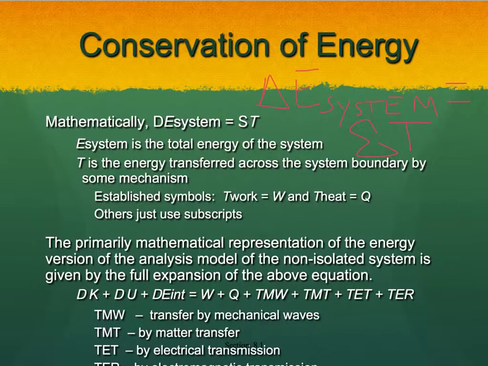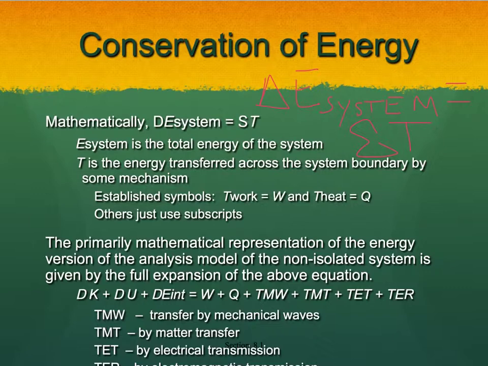So I could think about the energy of a system in terms of potential energy, internal energy, or the kinetic energy of a system may change. So when we're talking about delta E for the system, we're talking about three particular types: kinetic energy, potential energy, and internal energy.